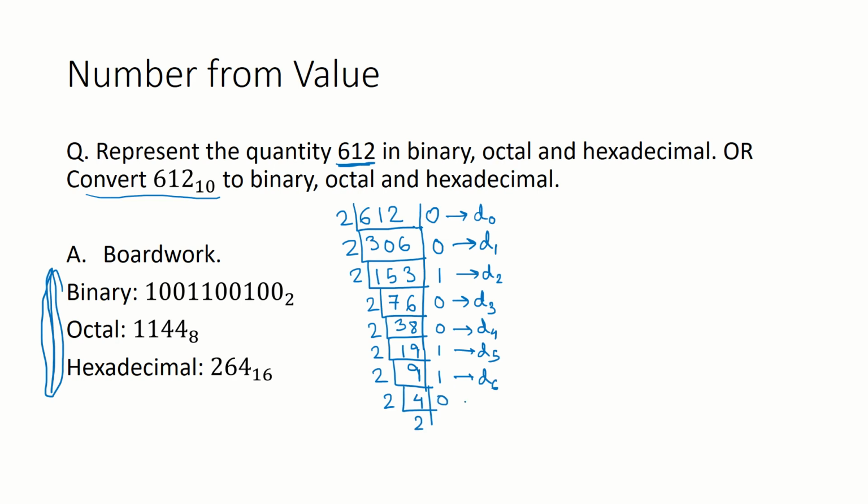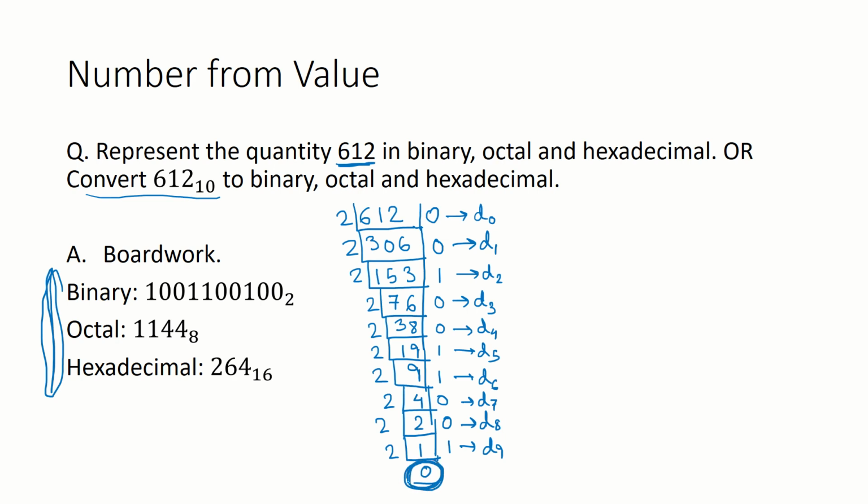Then 2, no remainder, D7. Then 1, 0 remainder, D8. Then 0, 1 remainder, D9, and we reach 0.